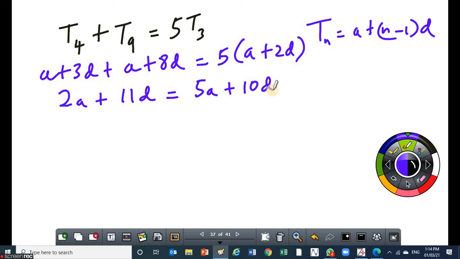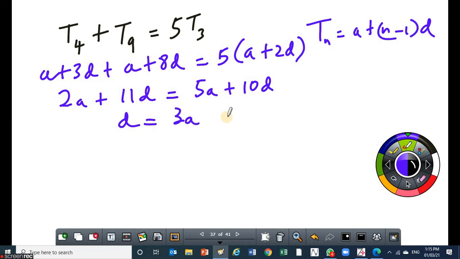Then, to make things easier for myself, I'm going to take the term in a to the right, then the term in d to the left. If I do that, 11d minus 10d, I'll get d. If I take the 2a to the right, I'll get 3a, because 5a minus 2a gives me 3a.